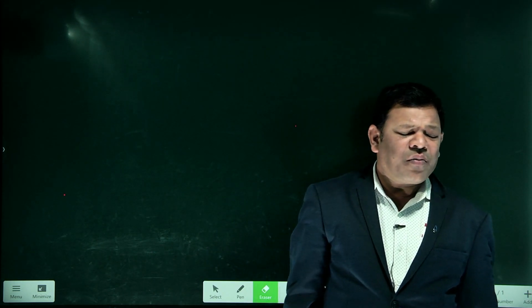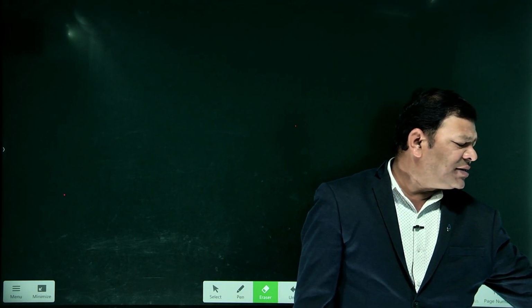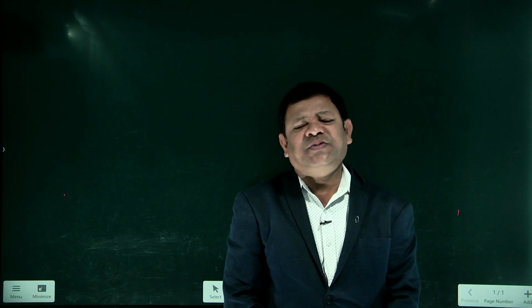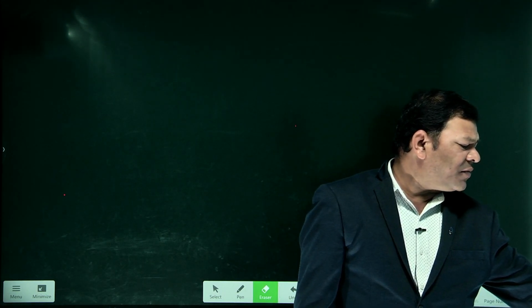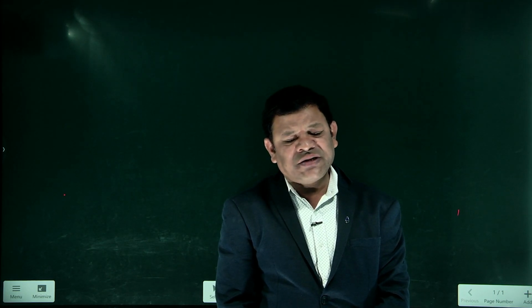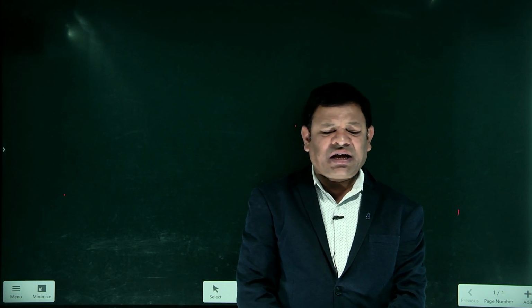Which food components contain dietary fibers? Do you know beans? Yes, sir. And especially sprouting seeds? Yes, sir. And cereals, all types of fruits and vegetables, sweet potato, pumpkin, and especially drumstick.